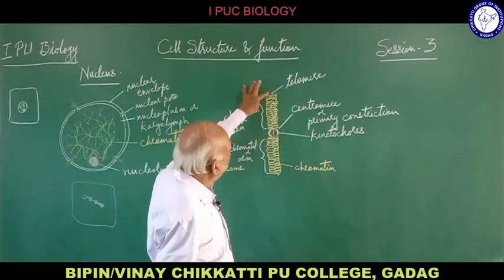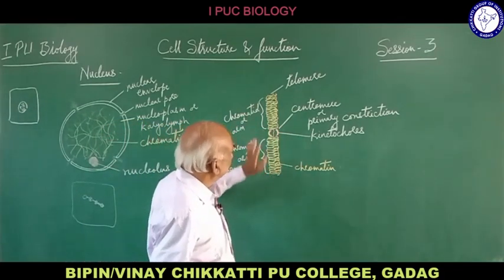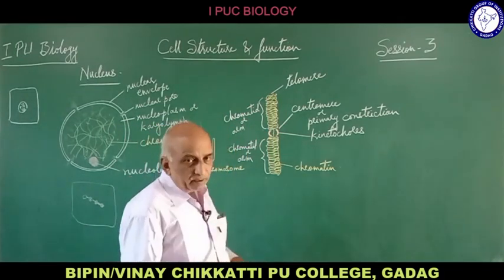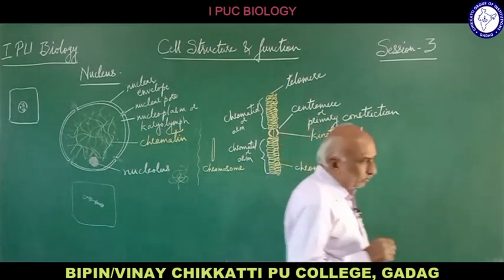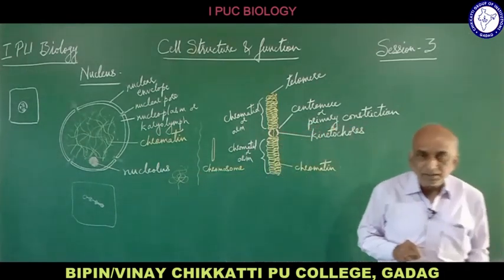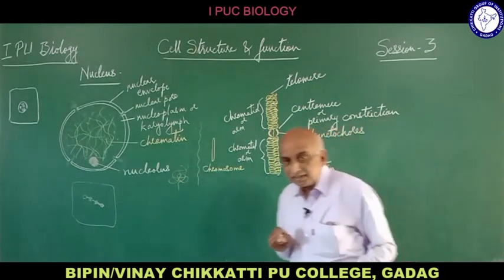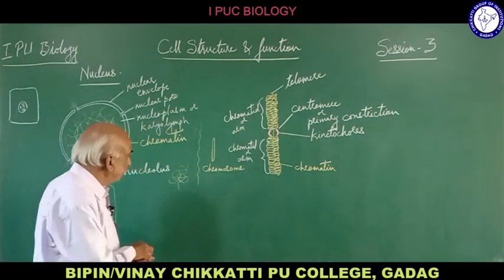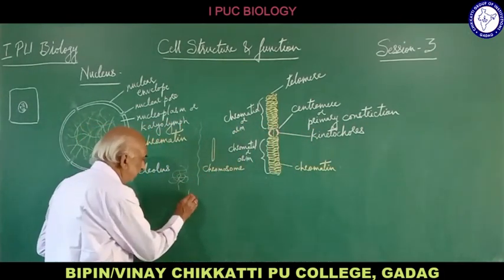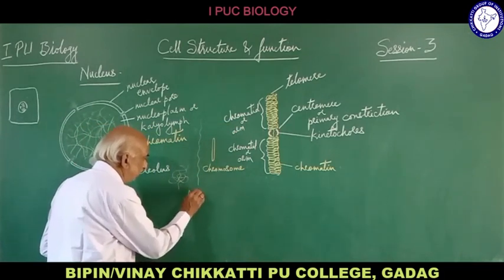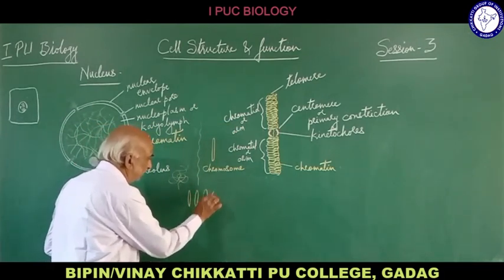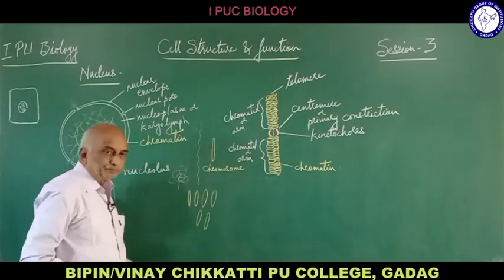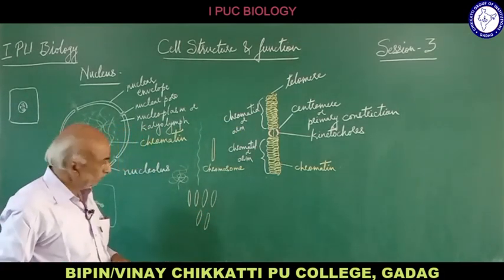So the free end of the chromosome is called the telomere. The telomere is the end of the chromosome, which is very important. It will prevent the attachment of the chromosomes in the cell. Now suppose this is one chromosome and this is another chromosome, and this is another chromosome. Like this, the chromosomes are present in the nucleus of a cell.